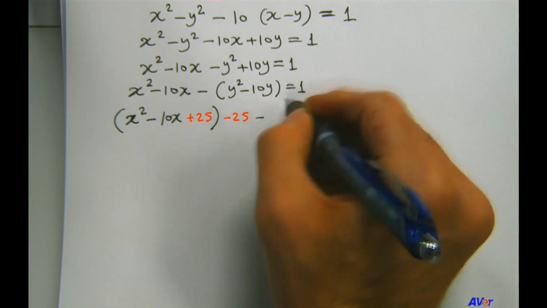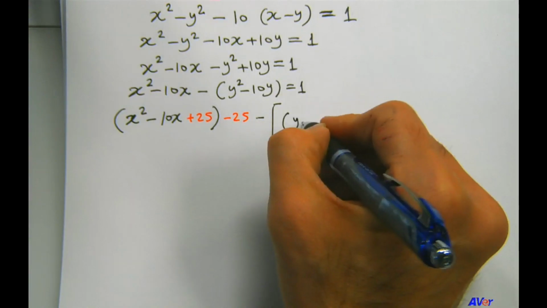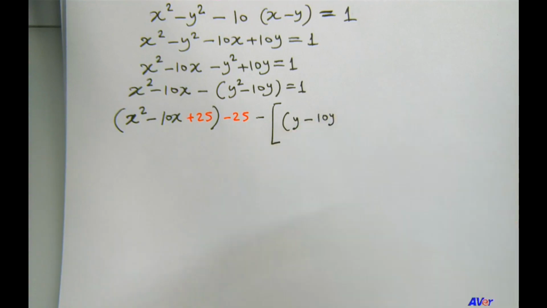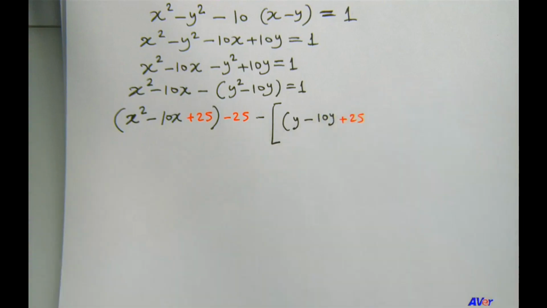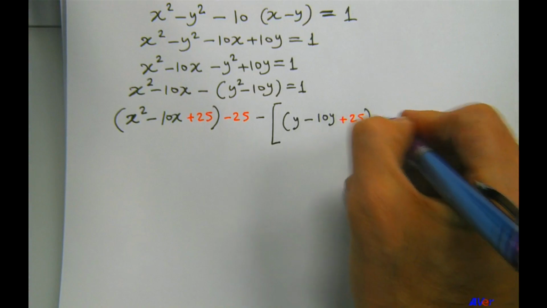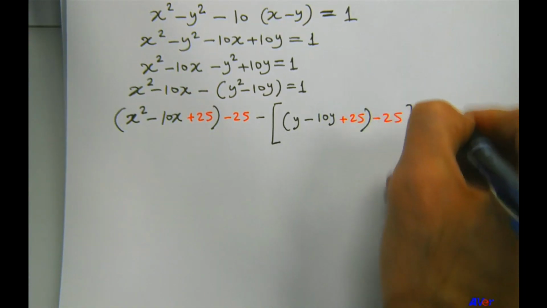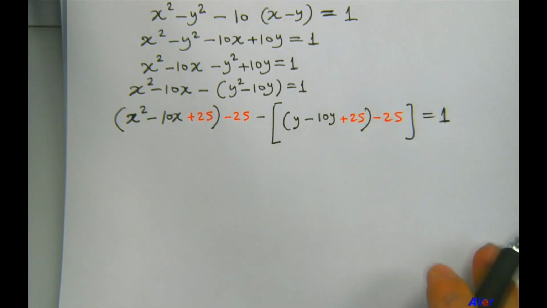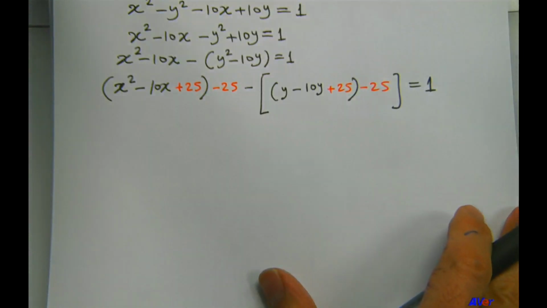And then minus (y squared minus 10y plus 25 minus 25), equal to 1. If I add 25, I have to take away 25. That's the case always when we complete the square.